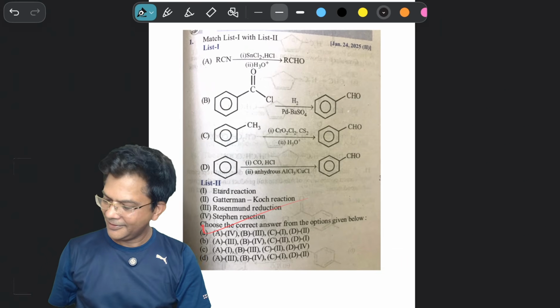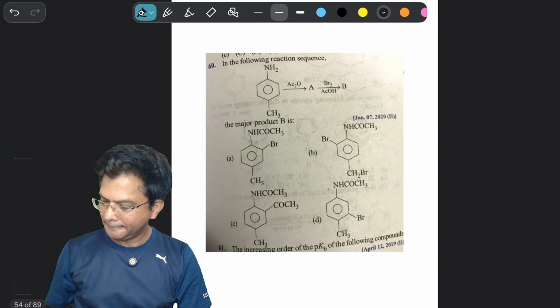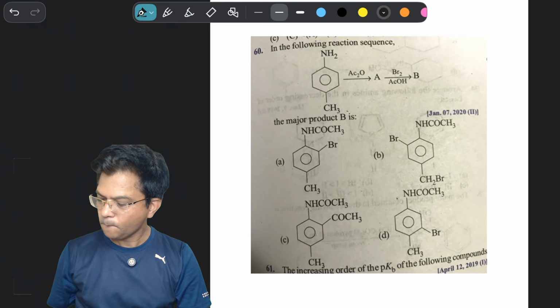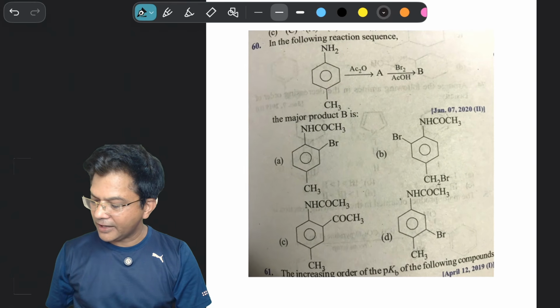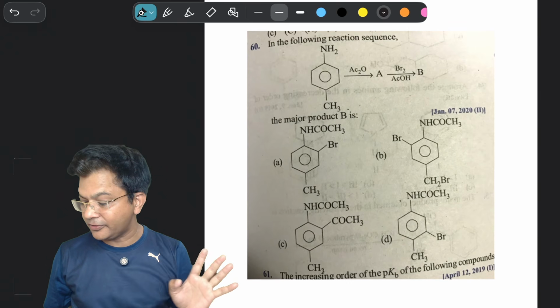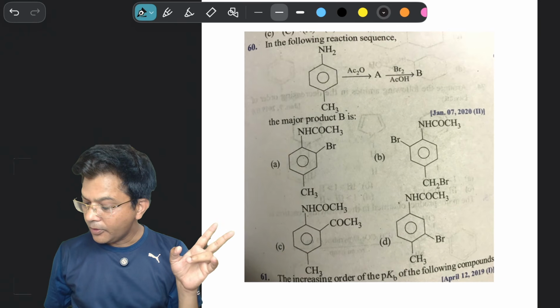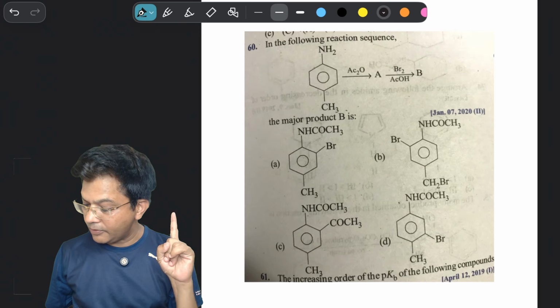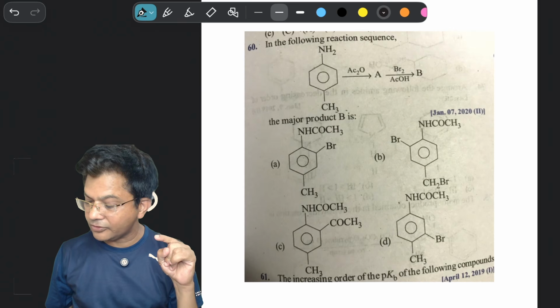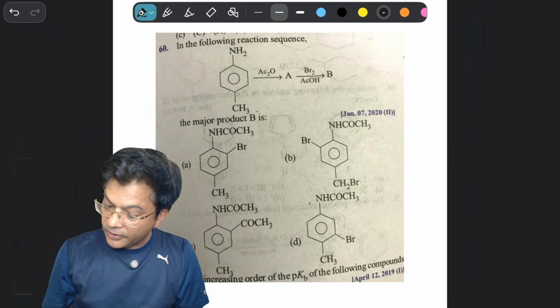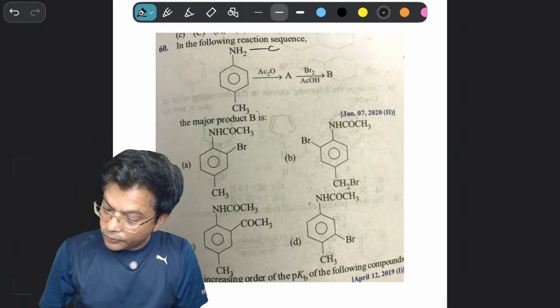Already we have done. Now next question. In the following reaction, this is also from NCERT. First acetanilide, then parabromo. Only one bromine will come, but CH3 is there, so ortho is minor. Very good question. First this will undergo hydrolysis to form NHCOCH3.